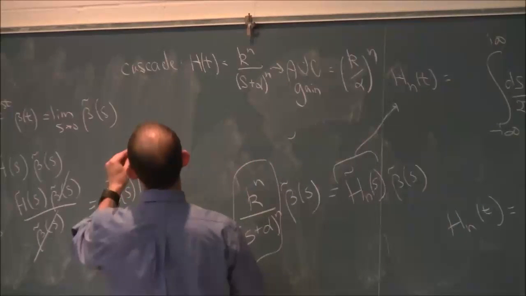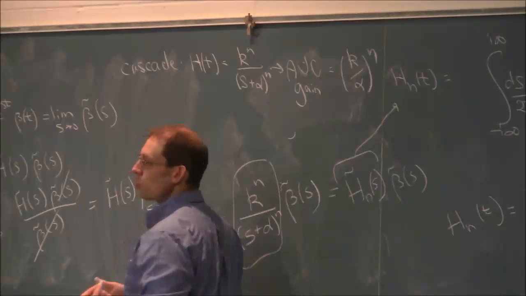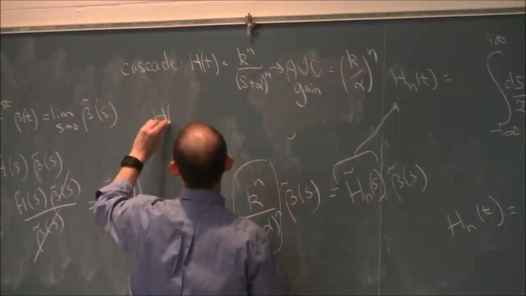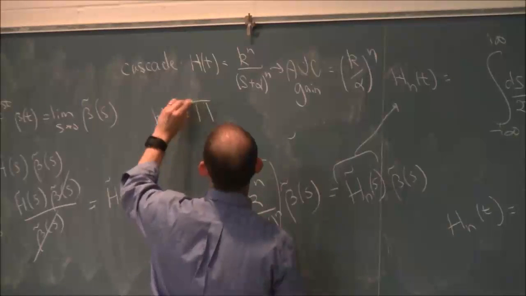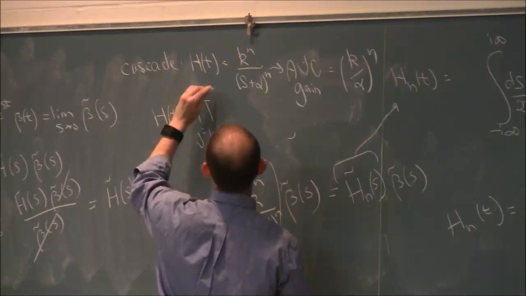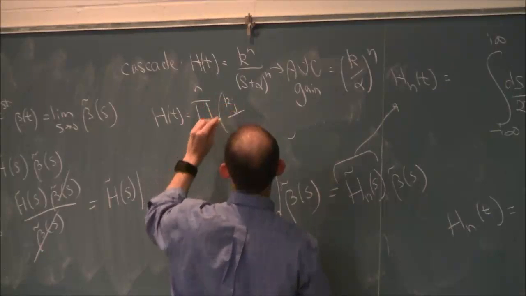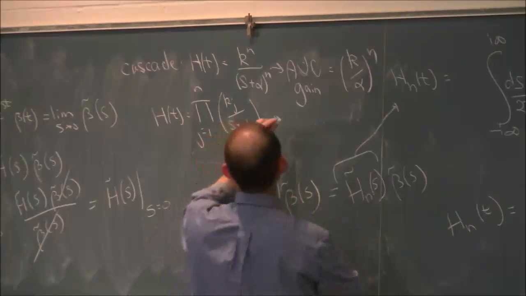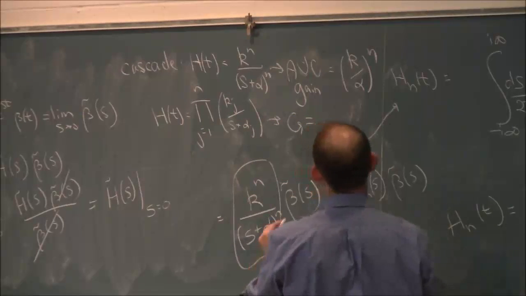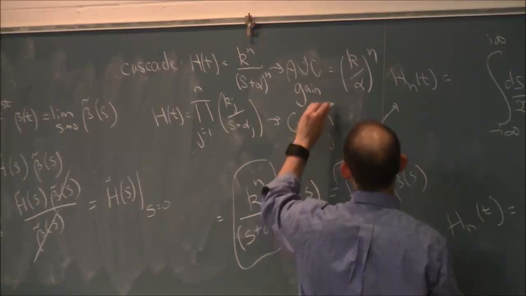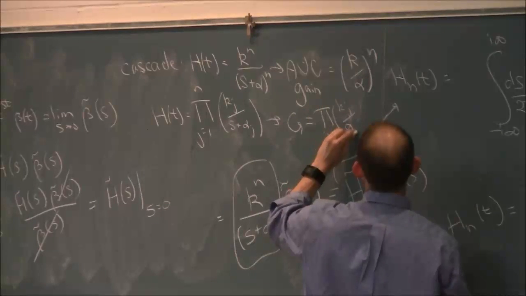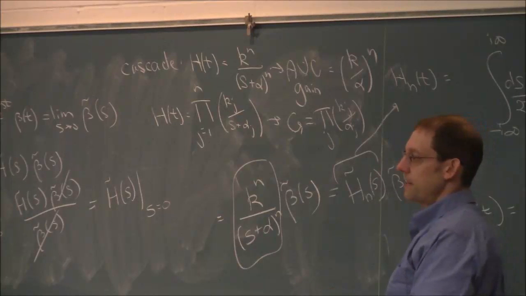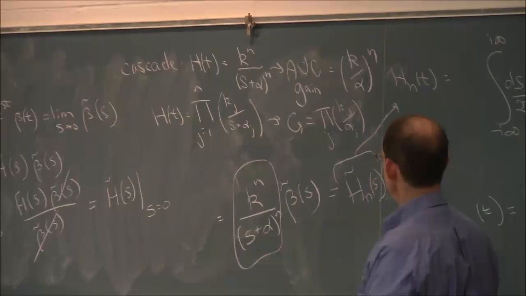But in fact, for an actual system where there might be different parameters at each level in the cascade, really h of t should be the product j equals 1 to n of kj over s plus alpha j. Then our gain, so often we use capital G for gain, is just the product of kj over alpha j. So it's easy to calculate when we have a system where not everything is the same from level to level.